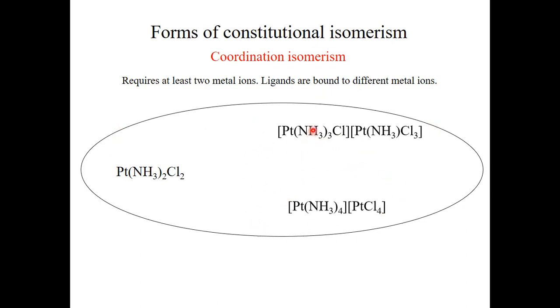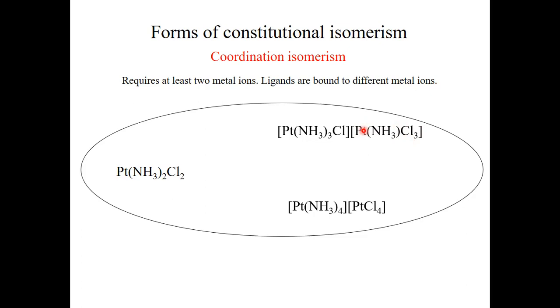So this is the triamine chloro platinum plus, amine trichloro platinum minus. So in this case, we have a complex cation and a complex anion, and we have platinum in both the complex cation and the complex anion.